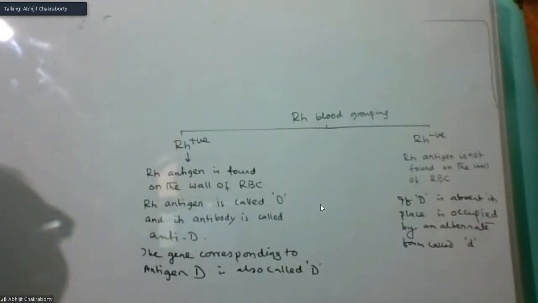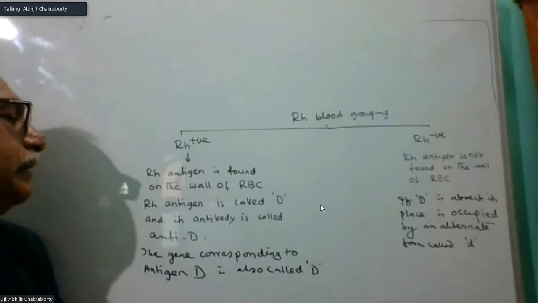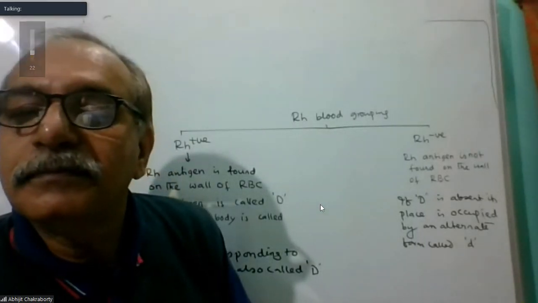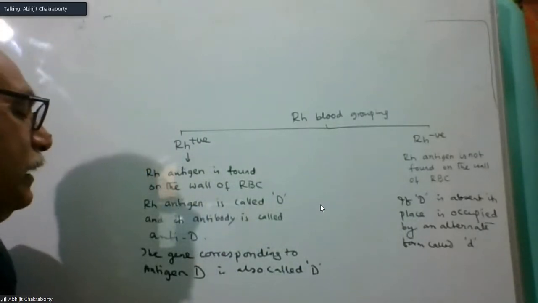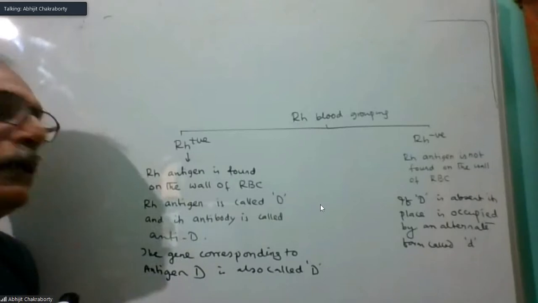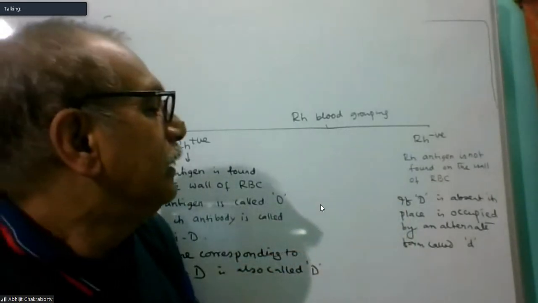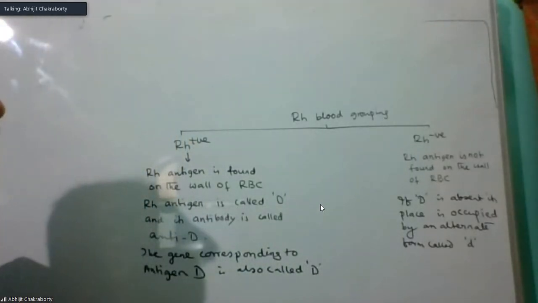Is it clear, please? Rh antigen is found on the wall of the RBC. It is called D, and its antibody is called anti-D. When Rh antigen is not found, it is replaced by an alternative form of the allele.